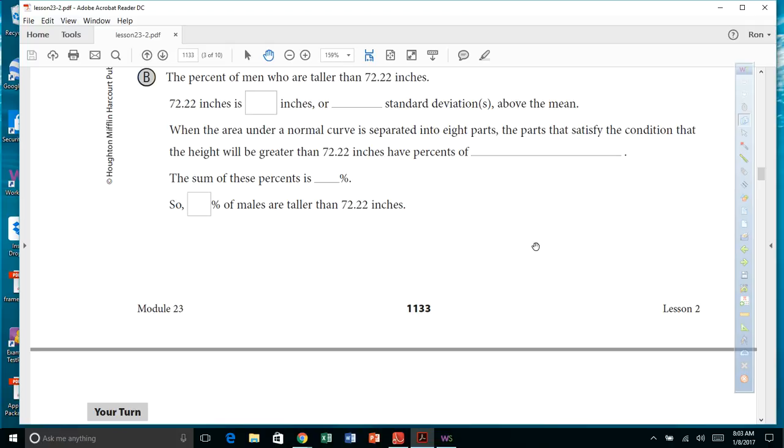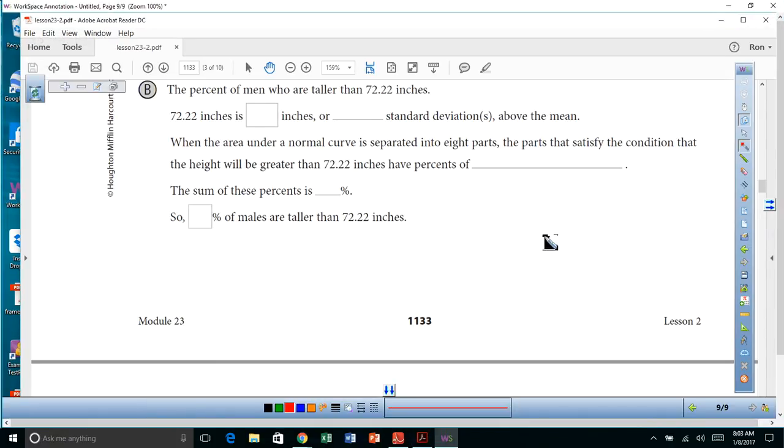The percent of men who are taller than 72 inches. Okay, so 72.22 inches is 2.92 inches above the mean.